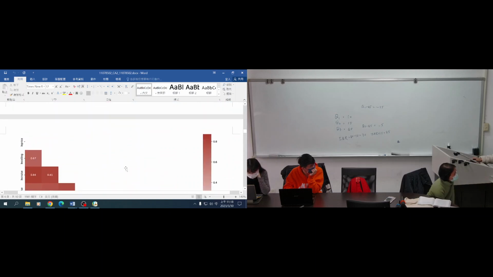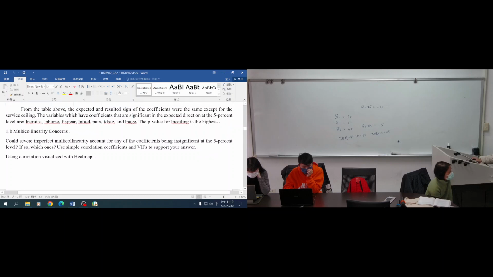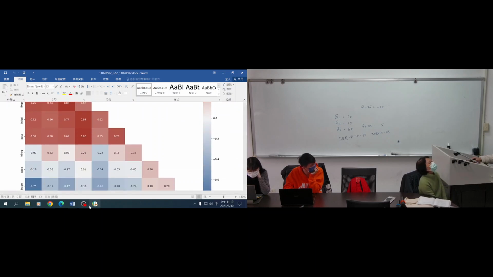Could severe imperfect multicollinearity account for any coefficients being insignificant at the 5% level? The p-value for ln ceiling is the highest, so I check here from the correlation coefficients if it has a relationship.